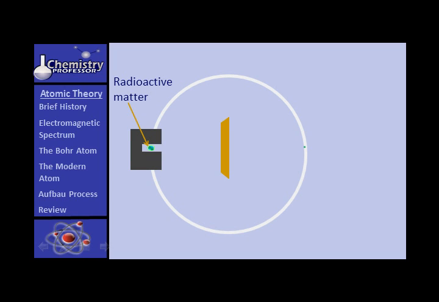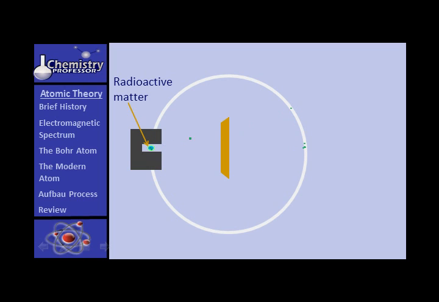Now, the whole apparatus was surrounded by a scintillating material, such as zinc sulfide, that would change colors when the alpha particles hit it. And so he fired the alpha particles at the gold foil, and it occurred as he expected that most of them went through, but surprise, surprise, every now and then one would be deflected.